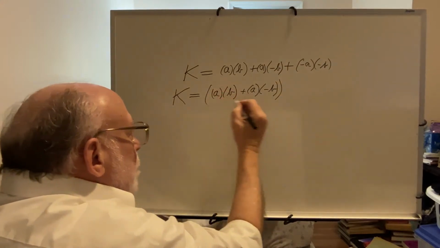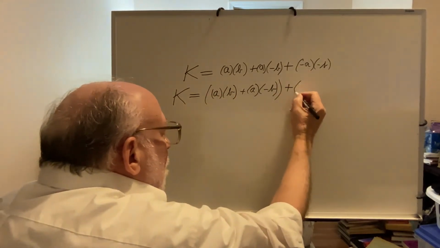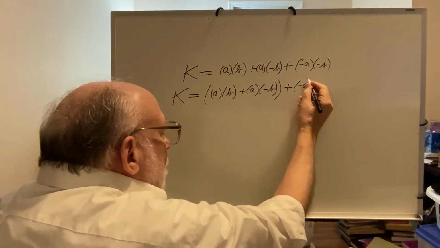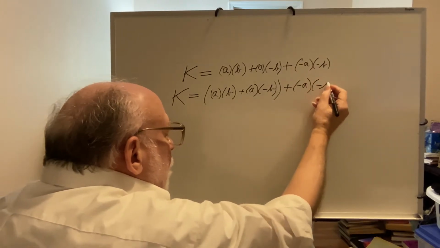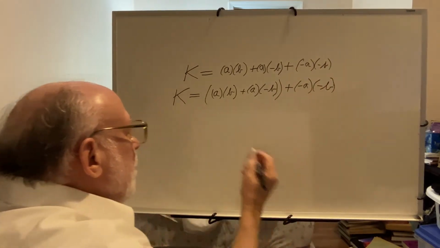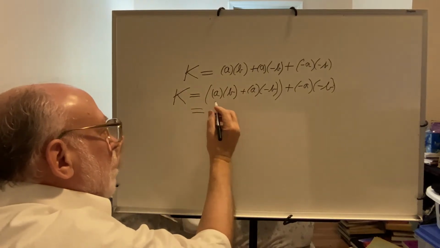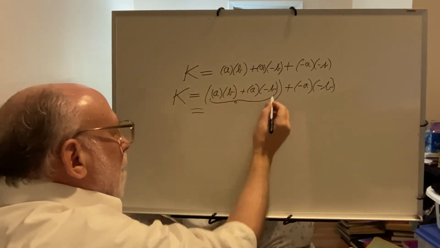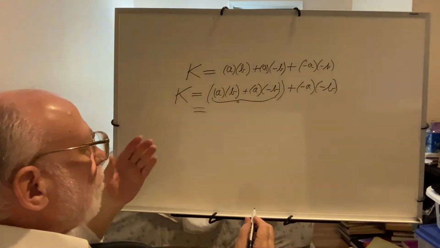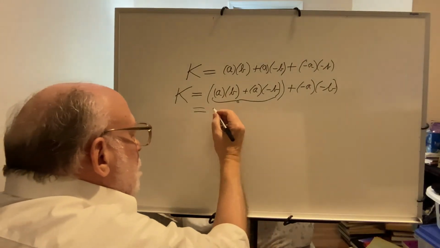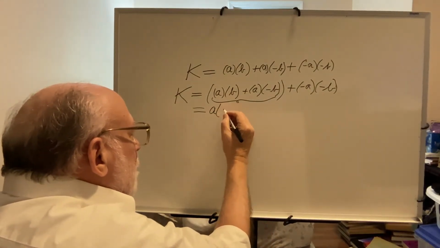We add the first 2 together, and then we're going to add the third one to their sum. Over here, we have this. We can factor out the A by the distributive property.